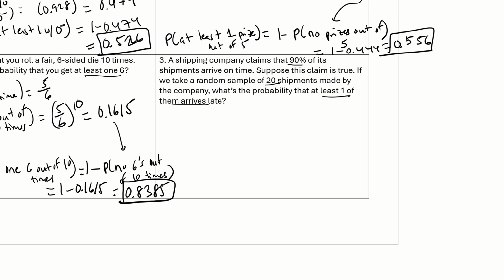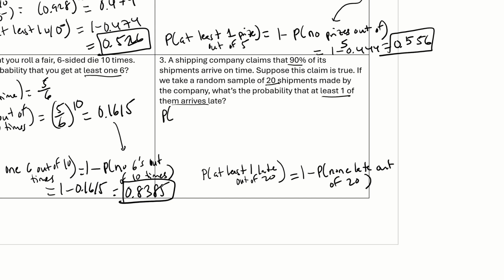Okay, so the probability at least one late out of 20. The opposite of that is 1 minus the probability that none are late out of 20.